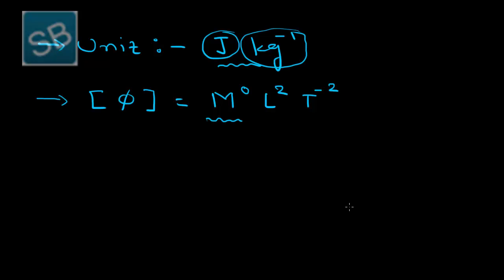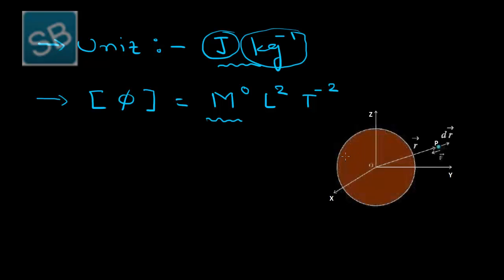Now to analyze the work done by the gravitational force, let me give you some arrangement. So here basic arrangement is given, and now our task is to find out the formula for the gravitational potential, and this gravitational potential we will find out first in Earth's gravitational field. Now here we have put the origin of the coordinate system, means O, we have considered as center of the Earth.